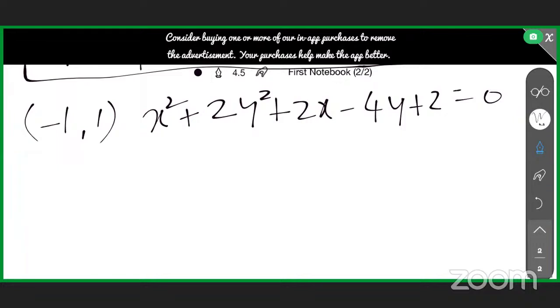You have to find the value of a, b, g, f, c. Since h is not there, no problem. Substitute in the equation.